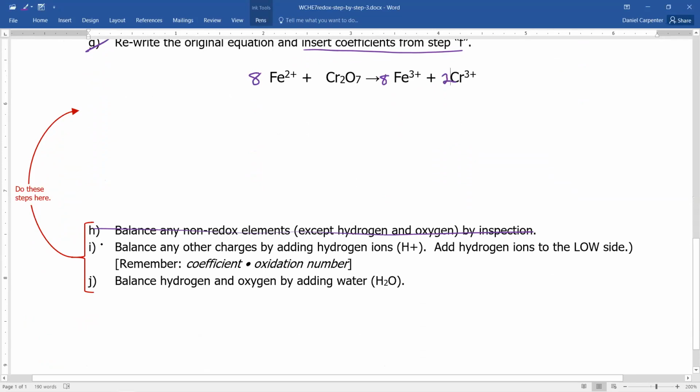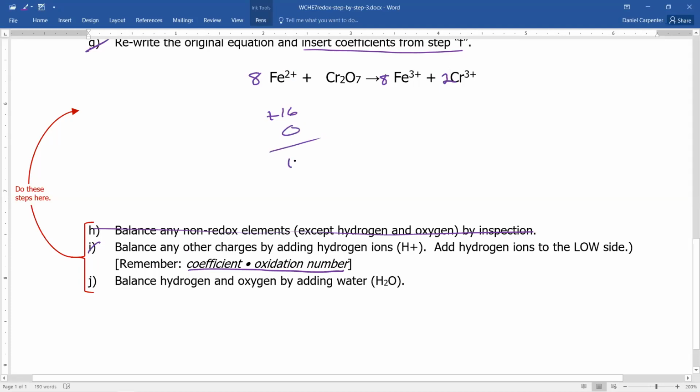Step I, charges. Remember, in this case, it is coefficient times oxidation number. So see if you can do that on your own. Coefficient times oxidation number, 8 times 2 is 16. 1 times nothing is nothing.